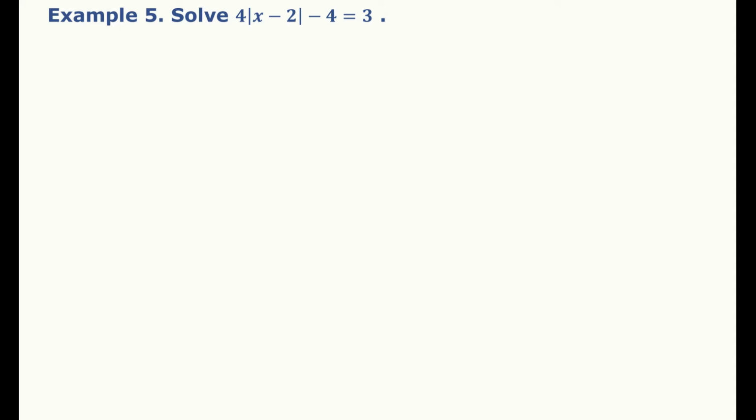To do that, of course, we're going to add 4 to both sides. Notice that's not a problem because I'm not adding it into the absolute value. That's a number completely outside of the absolute value, so this is completely an okay operation. So now we get 4 times absolute x minus 2 is equal to 7.